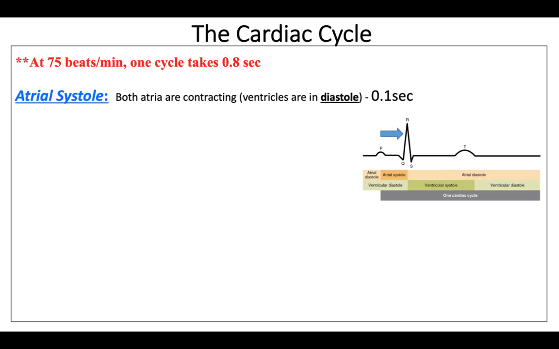We're going to put everything we know together. So you may choose to study a little bit before this video, but this video is going to kind of culminate in putting it all together. And then we're going to end up learning about how we might change this cycle. So how can we get the heart to potentially pump more blood or less blood, and what things influence this cardiac cycle.